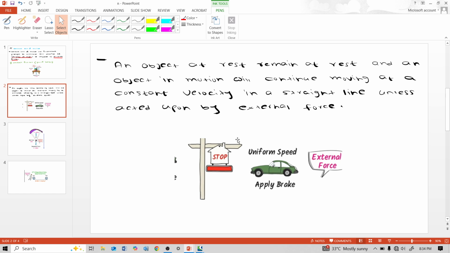If an object is at rest and no one applies any force to it, then it will not move. It will always be at rest until and unless anyone applies force. And a moving object will also always be moving until and unless an external force acts on it.